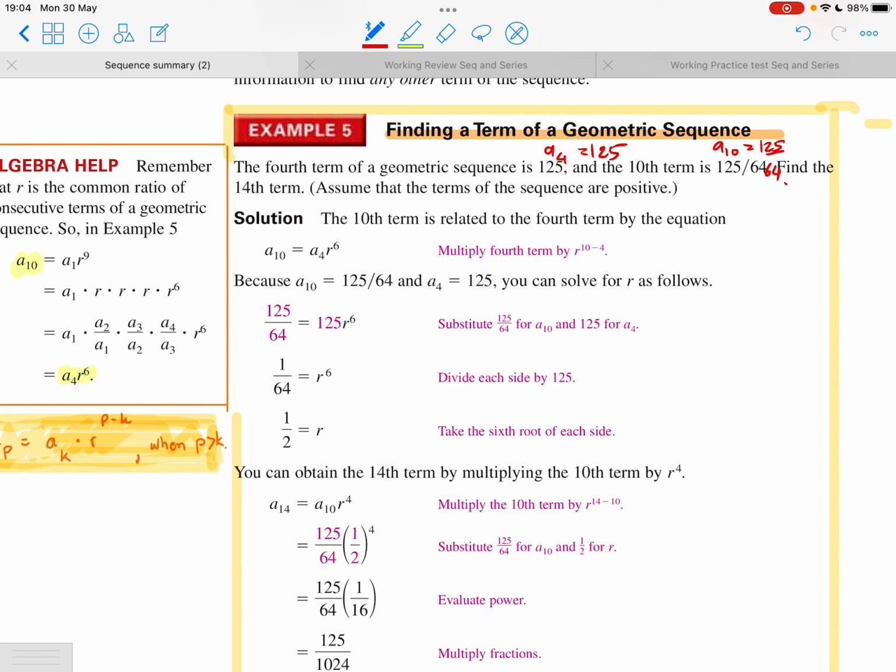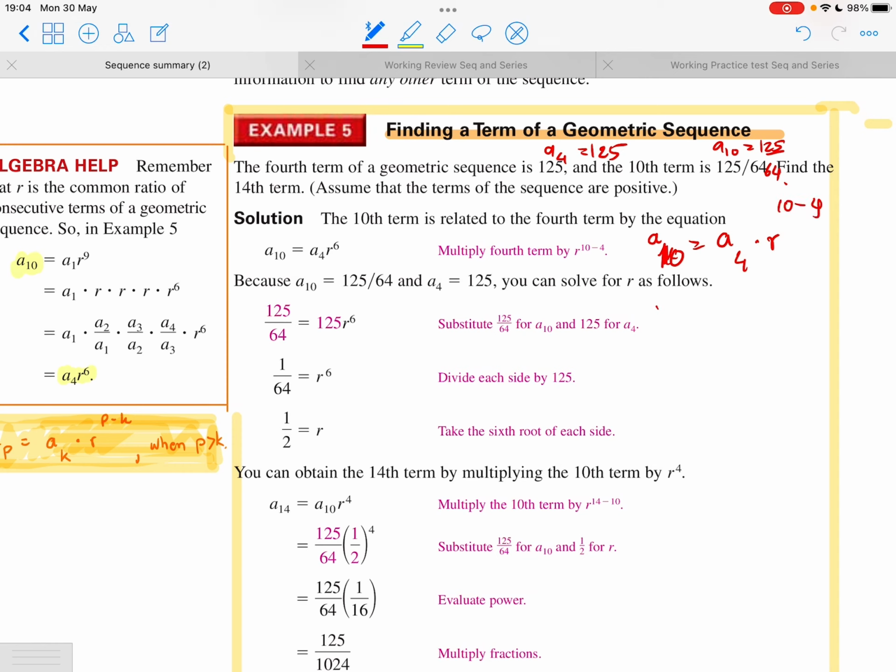We want to find the formula. a10 is equal to a4 times r to the 10 minus 4.